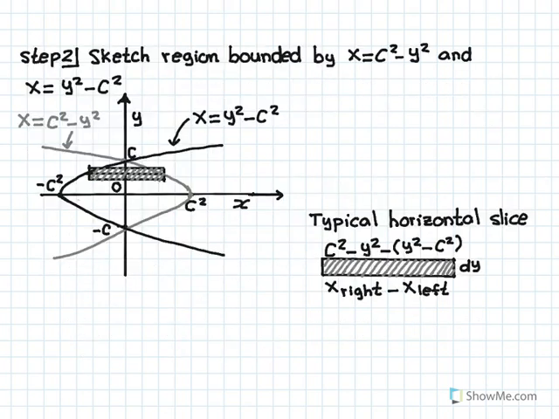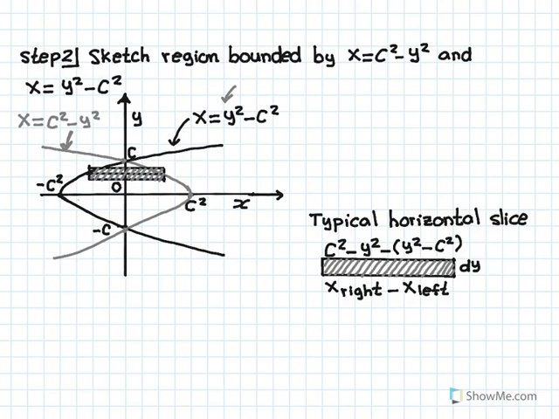All right, let's look at a sketch. We can see that x equals y squared minus c squared is a parabola that opens to the right, and x equals c squared minus y squared is a parabola that opens to the left, and they intersect at the points that we found.